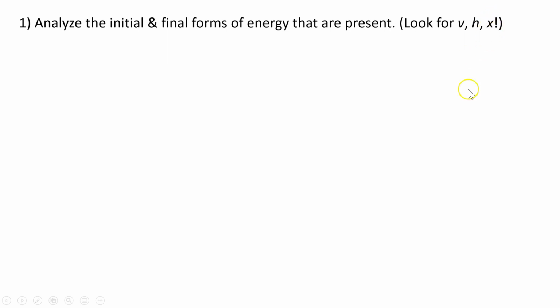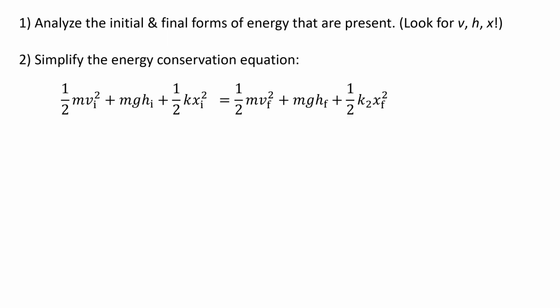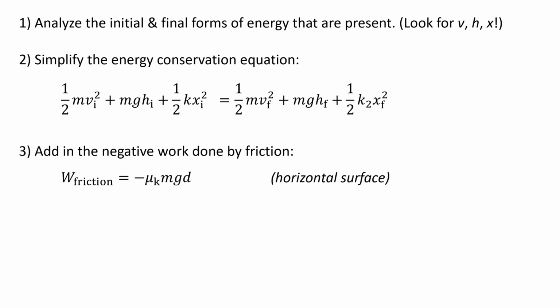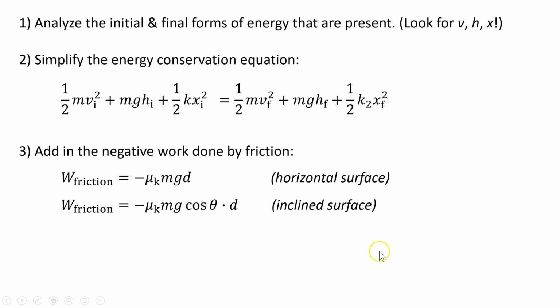And we looked for compression of a spring, which indicates elastic potential energy. Once we figured out what was present, we simplified that crazy big equation and made anything zero that we could. Then we accounted for the negative work by friction, which was either negative mu mg times distance for a horizontal surface, or for an inclined surface, we just add in cosine of the ramp angle.